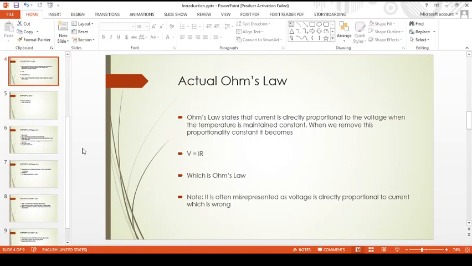The temperature should be constant because resistance is a property of a material, and if the temperature changes then the resistance also changes accordingly. This is a separate topic by itself, and I don't want to delve into that.